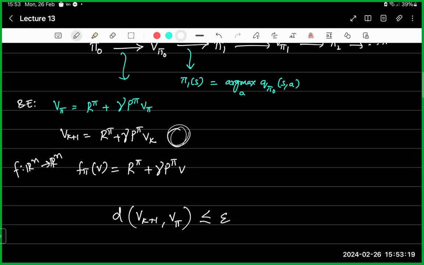Is the setup clear? We know that V k tends to V pi as k tends to infinity. But if you want a guarantee that V k is within epsilon of V pi, how many iterations are sufficient to ensure this guarantee? That's what we will try to understand.